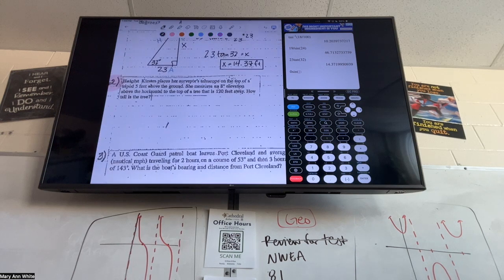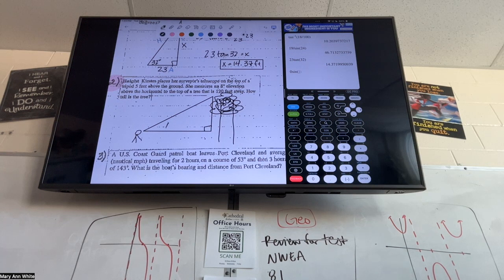Okay, so we've got this tree. And I normally don't draw a whole picture out, but I think this will help this round. There's my tree. 120 feet away from this tree, we've got the tripod set up, but it's set up 5 feet above the ground. So my triangle is elevated above the ground a little bit.